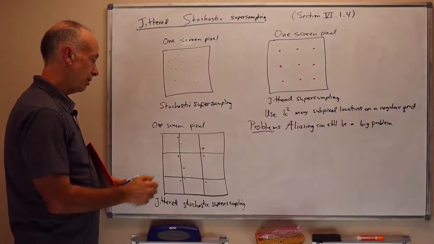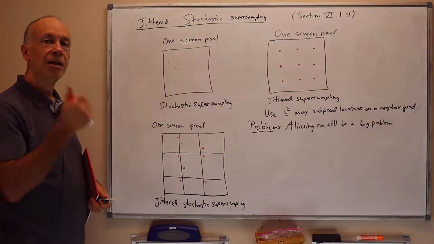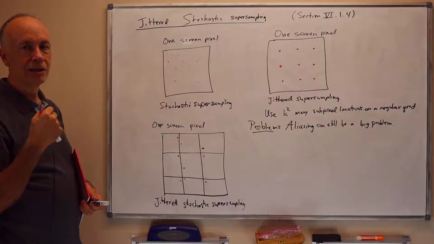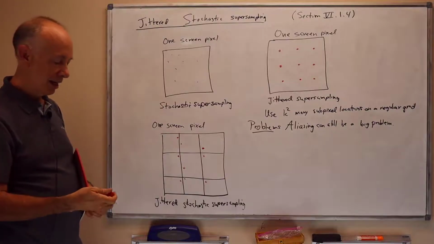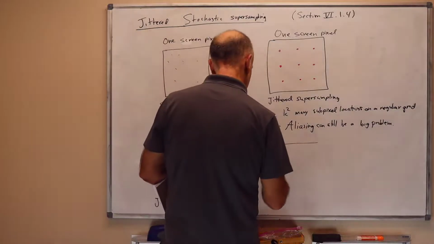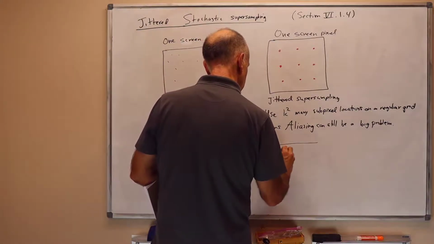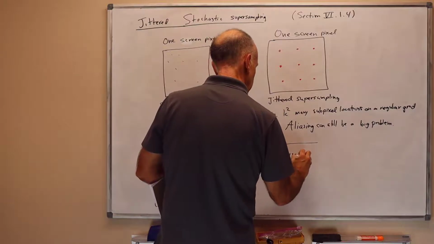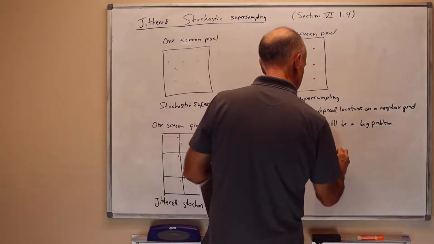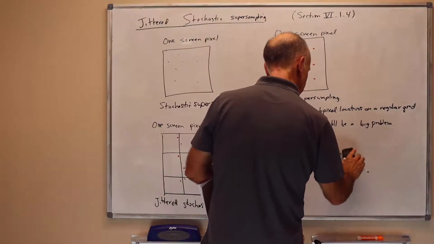Now I do the same thing as before. We take these k-squared many subpixel locations, we go back to the texture map, we get the color out of the texture map that corresponds to that subpixel location, and we take the average of the results. So this is actually a rather nice middle ground. There's much less noise than with non-jittered stochastic supersampling.